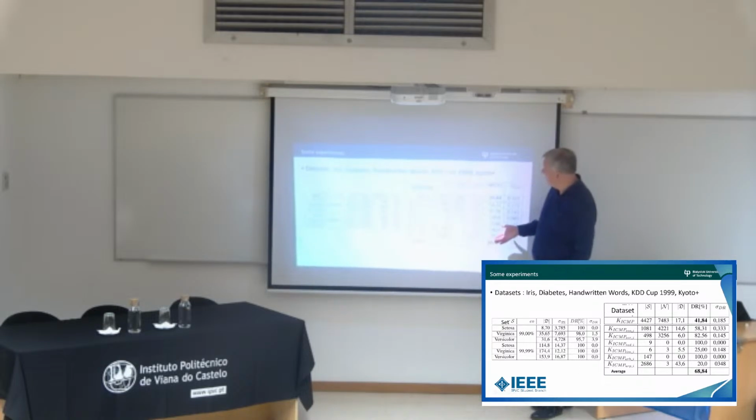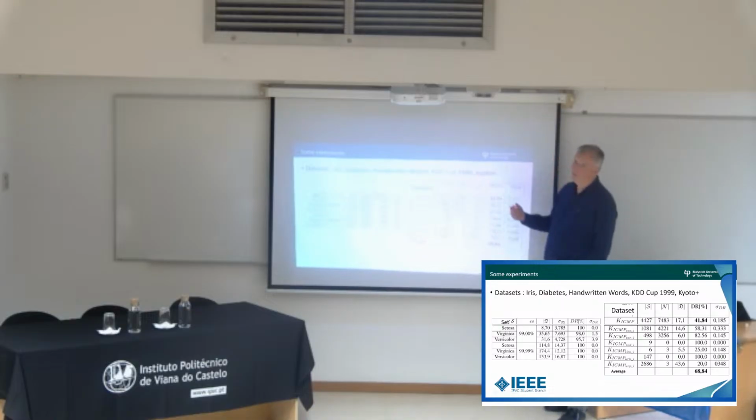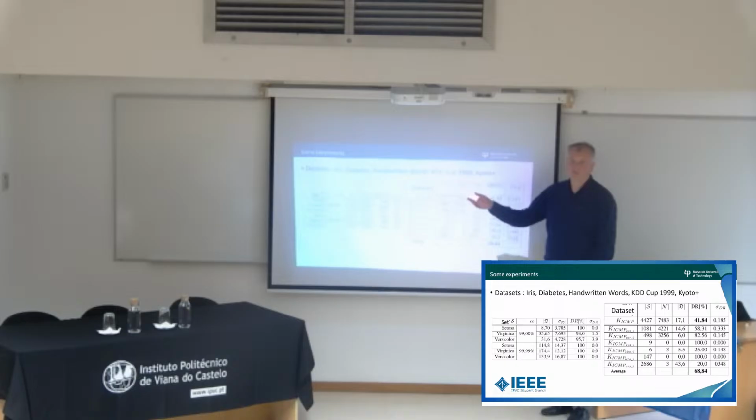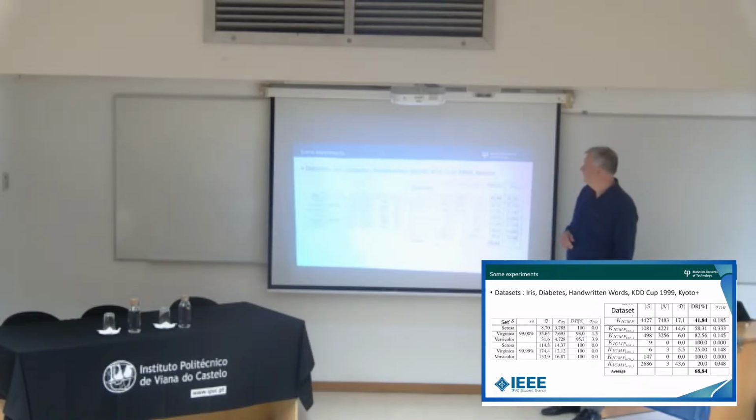Here are the results for the KDD Cup with the network connections data set. Generally, it was not possible to work on the whole data set, because this data set was very, very big. So millions of elements are inside this data set.